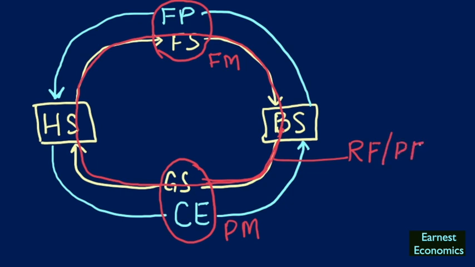This is a complete flow. Things begin with the business sector, and then they move back to the business sector in the form of factors of production. Therefore this is called circular flow, and what is involved is goods and services and factors of production. So it is called circular flow, and it is real flow, or we call it product flow.